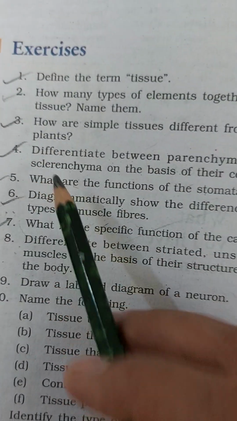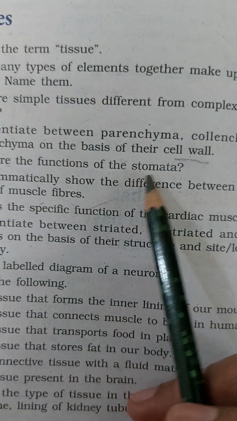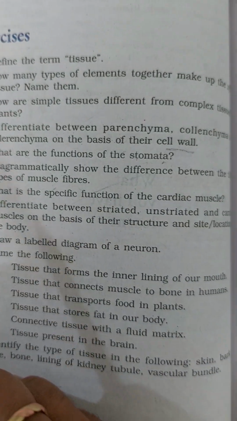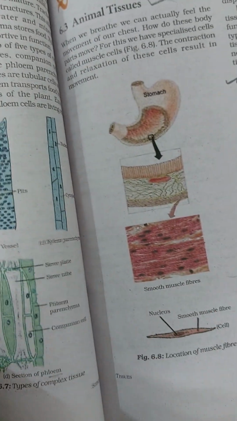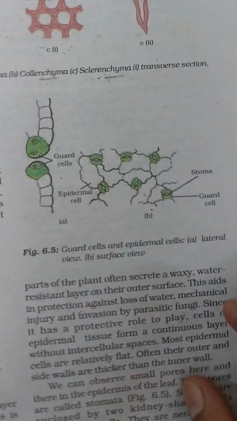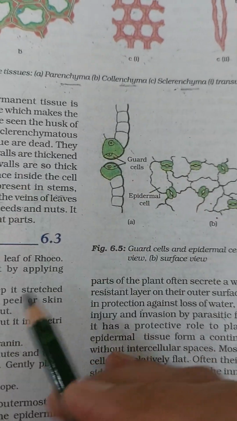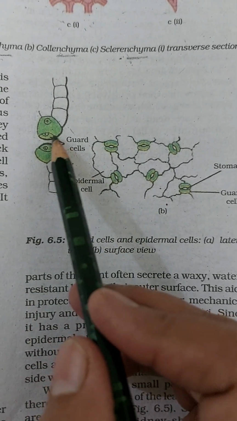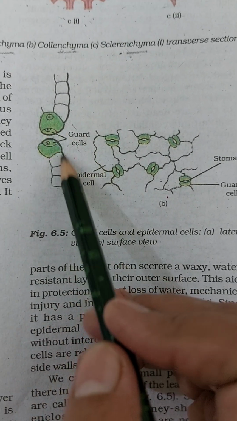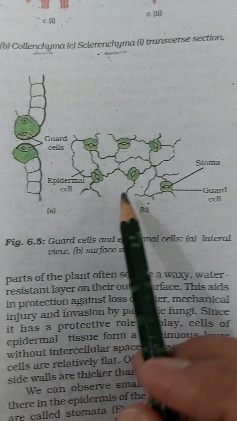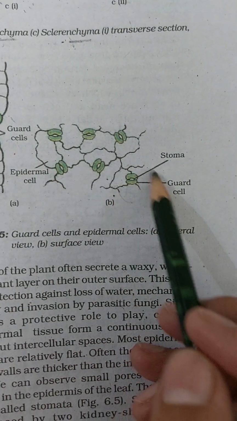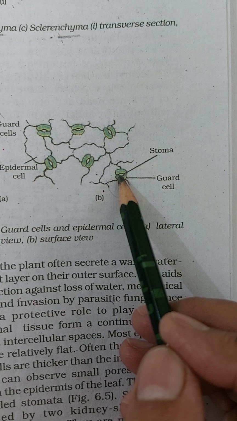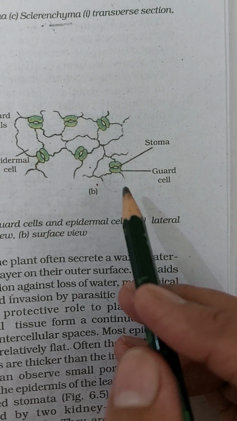Right. So now next is what are the functions of stomata. Now we know that stomata are those small pores which are present on the under surface of the leaf. That is, a leaf has upper epidermis and lower epidermis. So on the lower epidermis, these small pores are present which are guarded by two guard cells. These structures are known as stomata, and the whole pore is known as stoma, right?